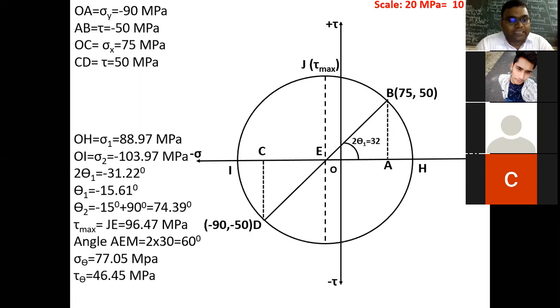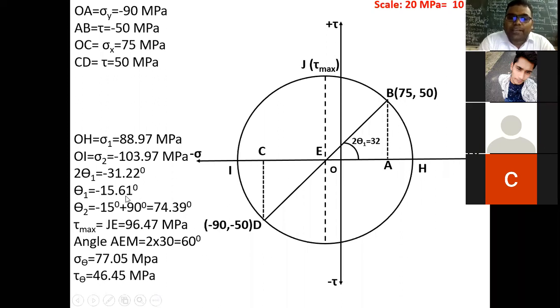So this is called theta 1, and 2 theta 1 is approximately 32. I have taken approximately 32 here, it comes around 31.22 something. So you just divide by 2, and you will get theta 1 as 15.61.